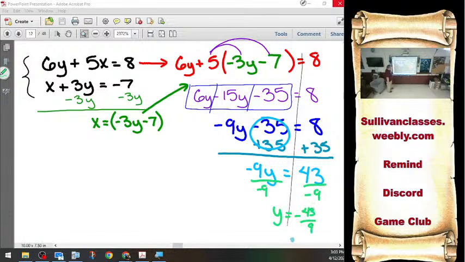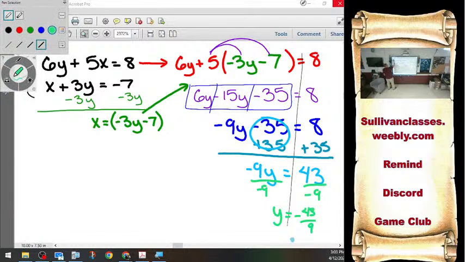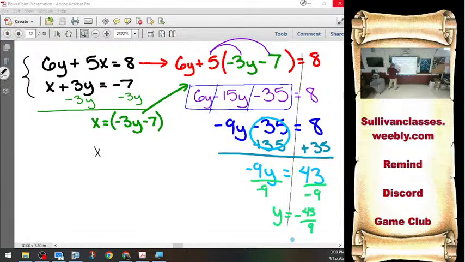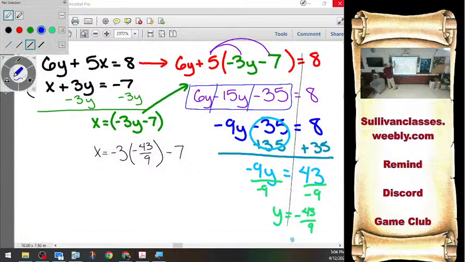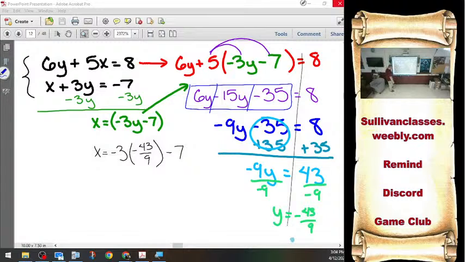Negative 43 ninths. Ew. Grab a calculator. Because he can no longer be trusted. Negative 43 ninths for a y minus 7. Ew. Negatives cancel. 43 thirds minus 7. 7, 3, 21, negative 64 thirds.